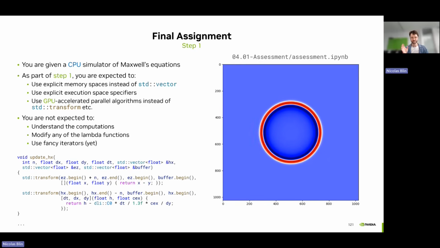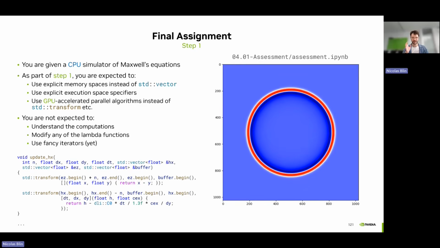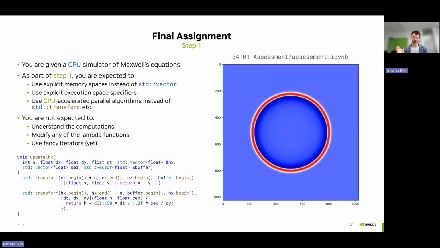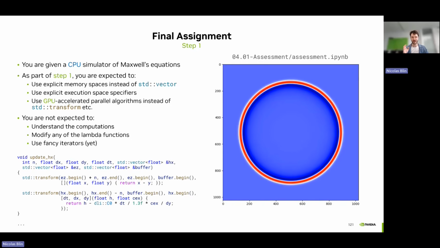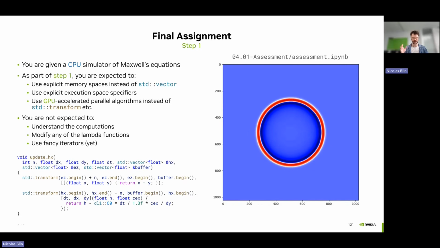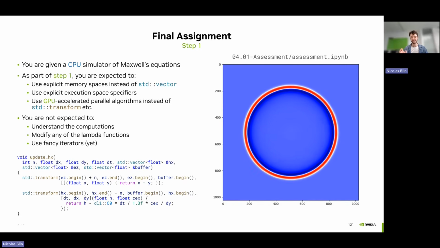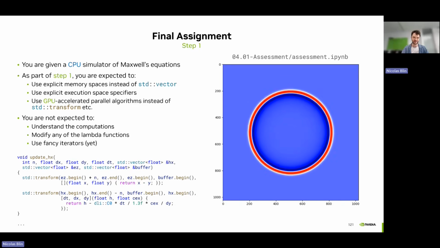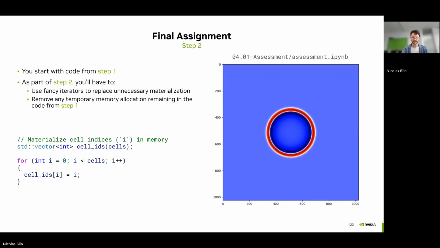In step 1, you will port it from std::vector to explicit memory spaces using the thrust containers. You should also add the correct execution space specifiers and use GPU accelerated parallel algorithms. So use thrust instead of using std::transform.